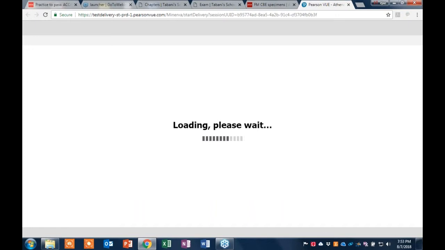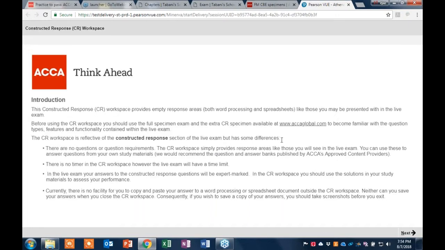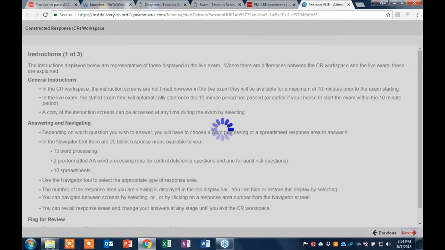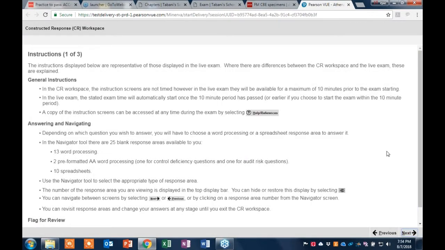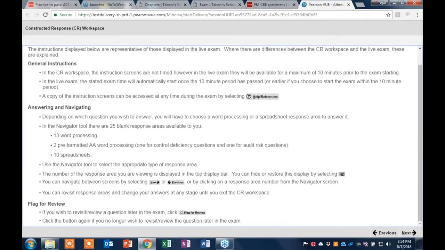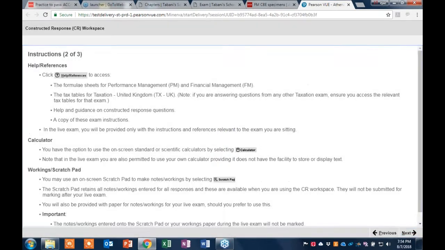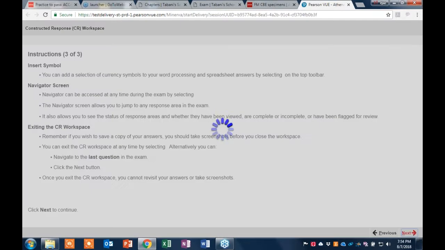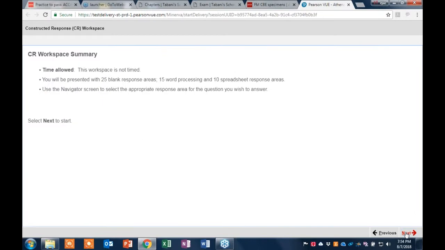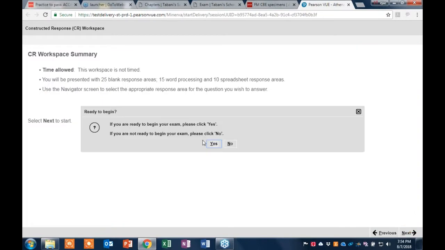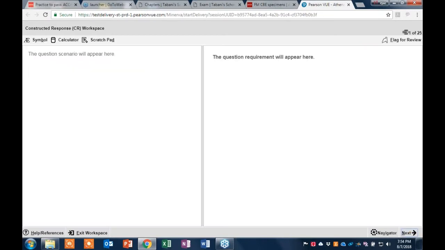You can directly search on Google, the Constructed Response workspace on the ACCA page. You have to scroll it down before you can move to the next.